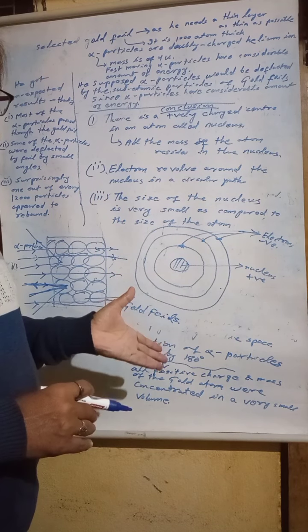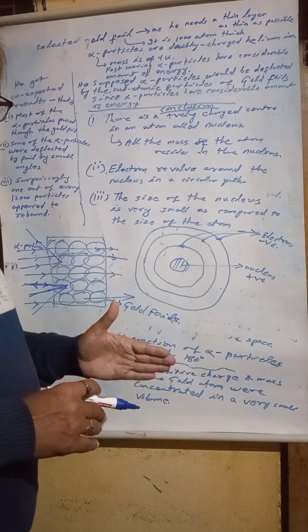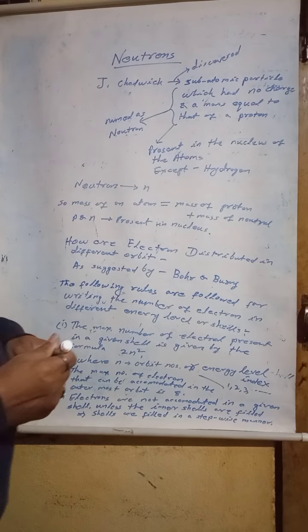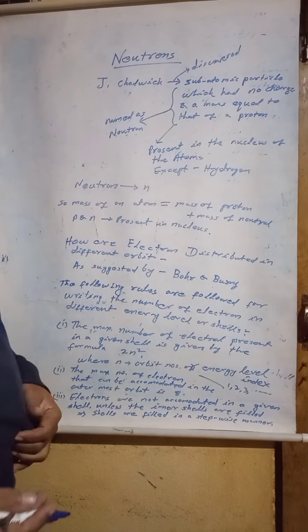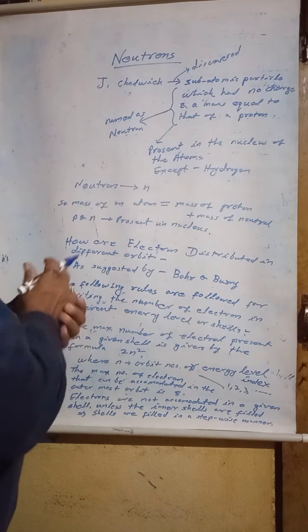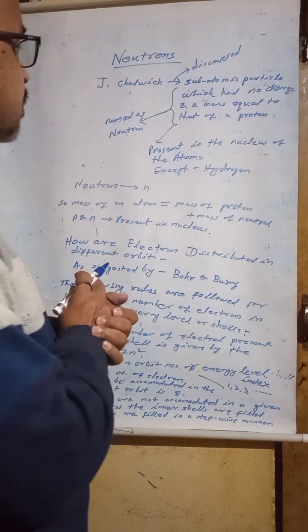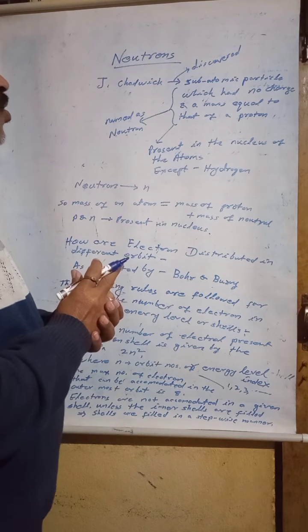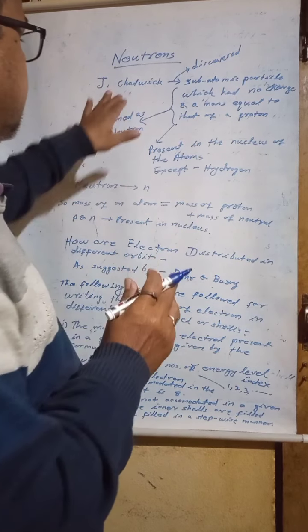So next we'll see some other scientists' experiments. Now the next is neutrons. J. Chadwick discovered another subatomic particle which had no charge and a mass equal to that of a proton.